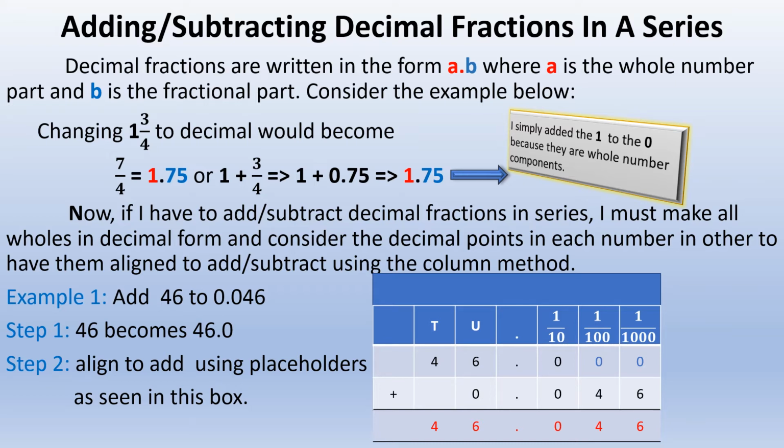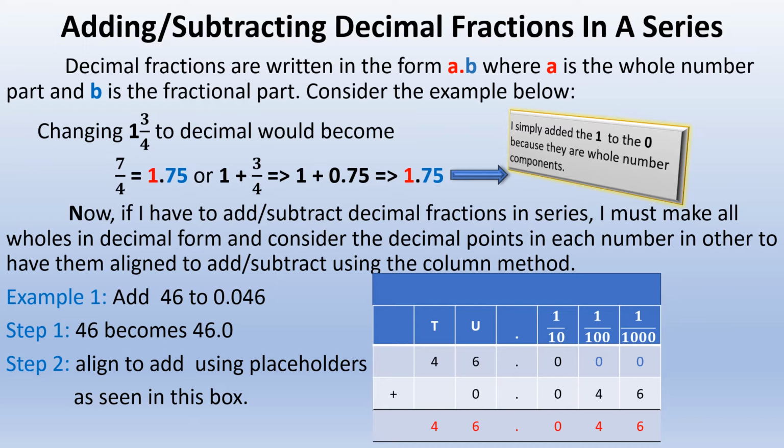Look at this example we have here: add 46 to 0.046. The first number is not a decimal number, but whole numbers can be written as decimals. So 46 becomes 46.0. Now I have my decimal point to help me arrange.